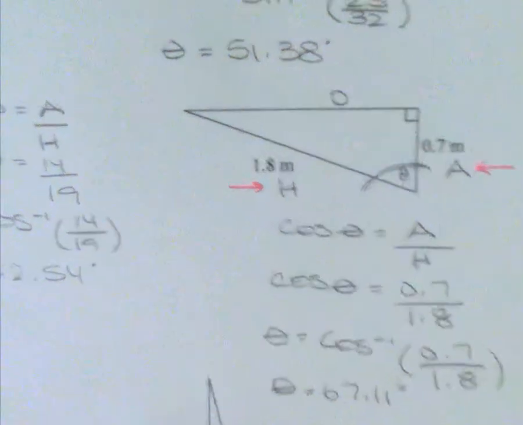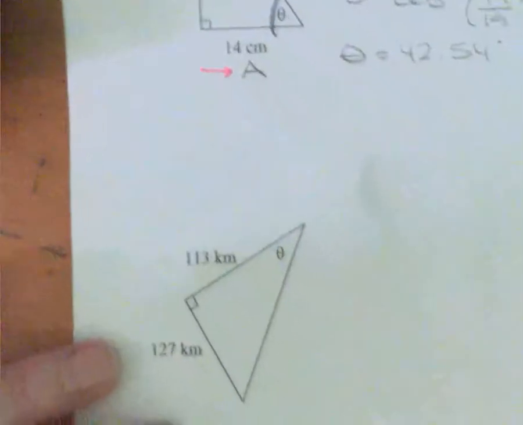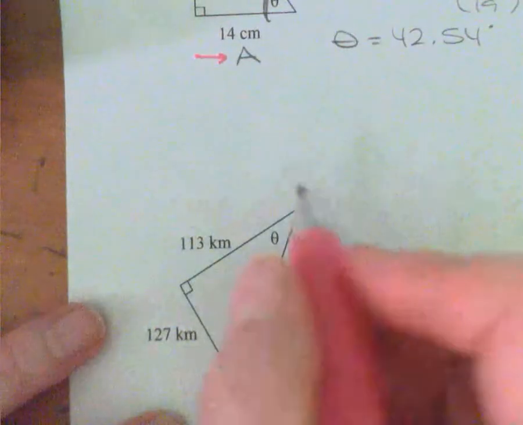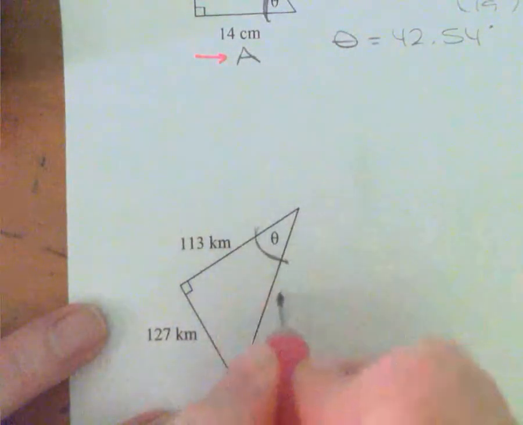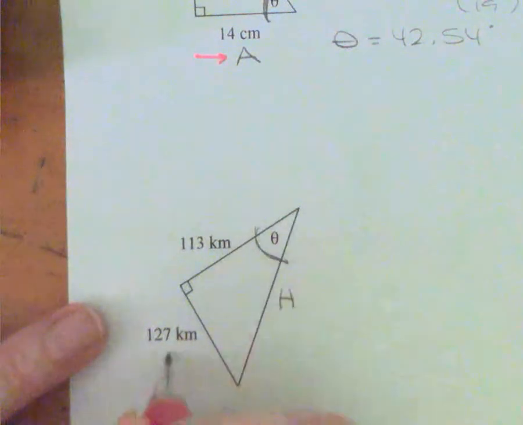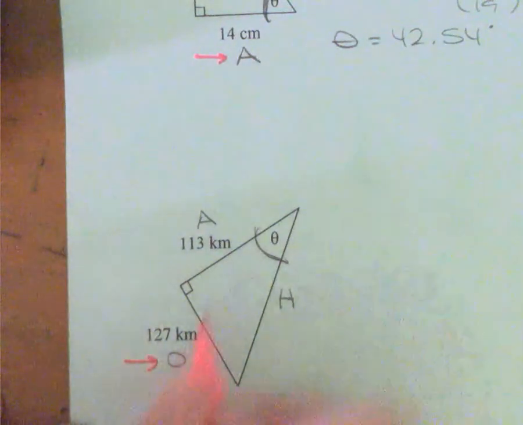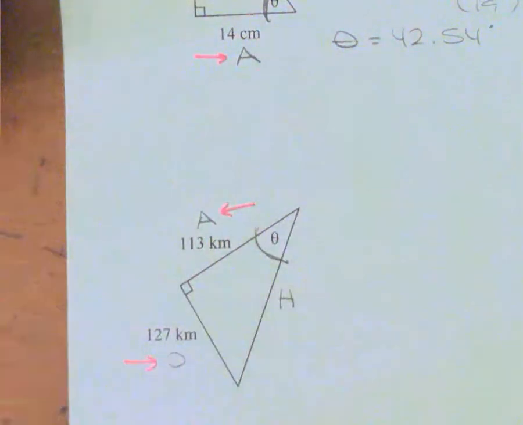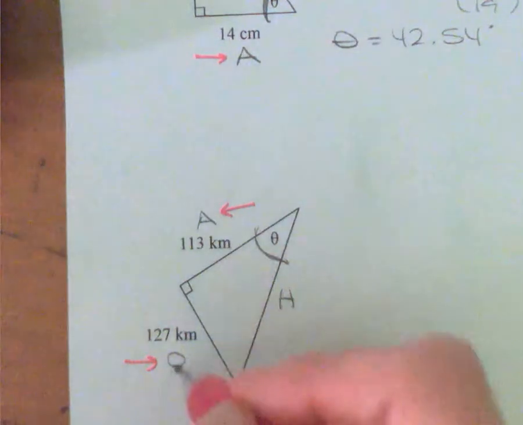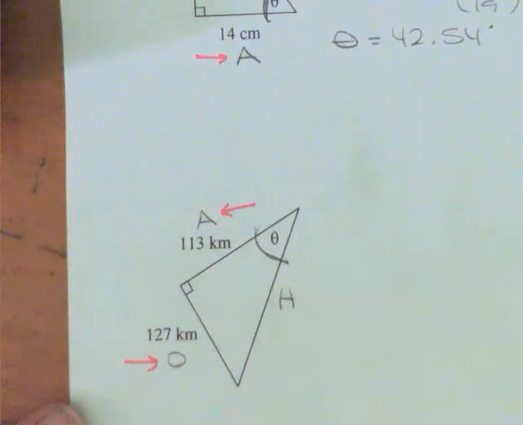Okay, two more. So if I look at this one, there's my angle. Longest side is the hypotenuse. This is opposite. This is adjacent. So I have the opposite and the adjacent. So I want something that has opposite and adjacent, so I would probably pick the tan ratio.